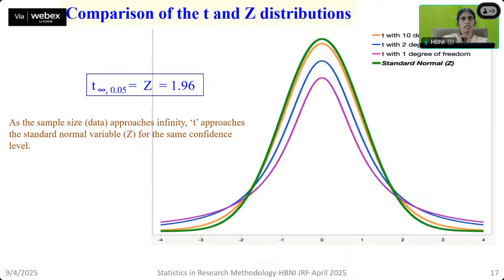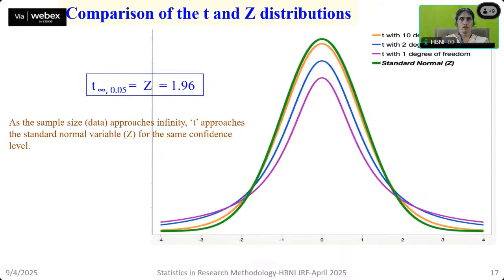When we represent t values, the lowercase letter t is used, and the degrees of freedom and the significance level are mentioned as subscripts on the right side of that value.